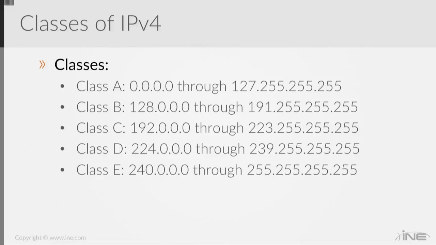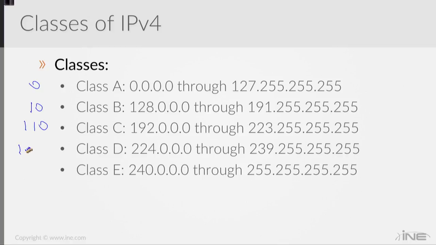Now if I go to the slide, that's exactly what we have right here. You might say, well, wait a second, Keith, I see class D and class E. You didn't talk about that. Well, those classes form the exact same patterns. Remember, class A was 0. Class B was starting with a 1, 0. Class C was 1, 1, 0. In binary, how do you think you would recognize a class D address?